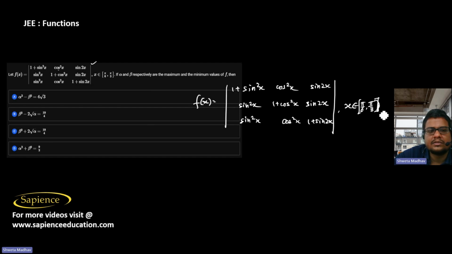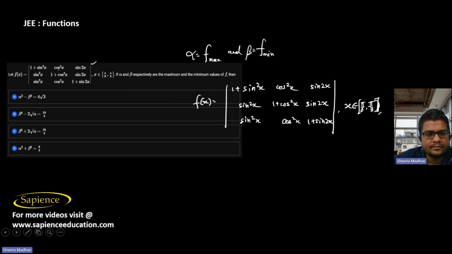If alpha and beta respectively are the maximum and the minimum values of f, alpha is the maximum value of f of x and beta is the minimum value of f of x, then we have to find the relation between alpha and beta.